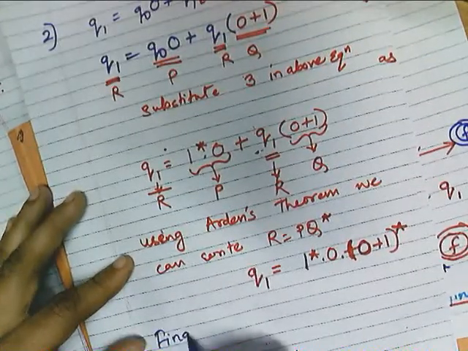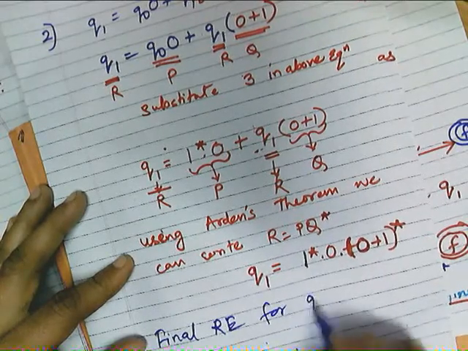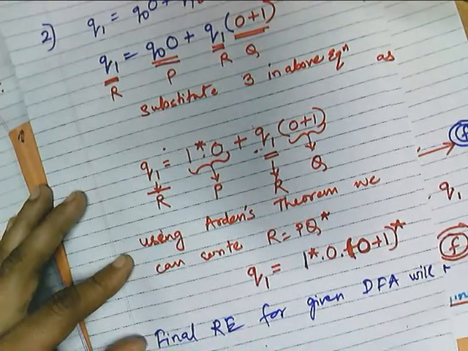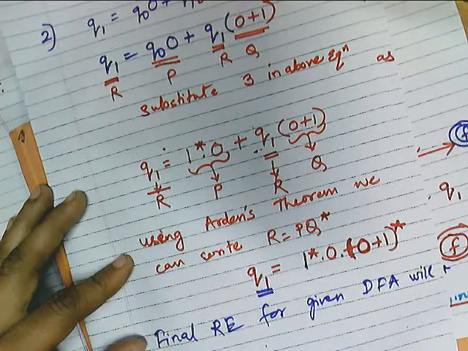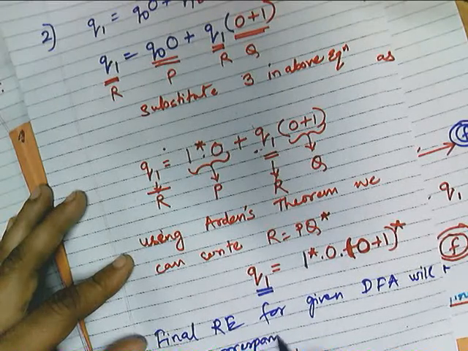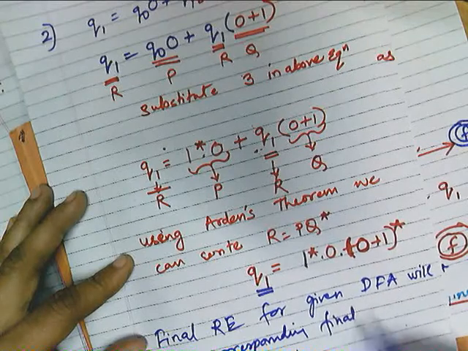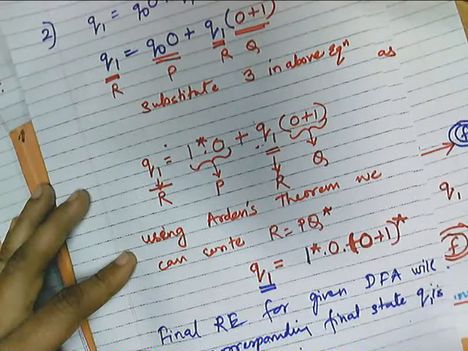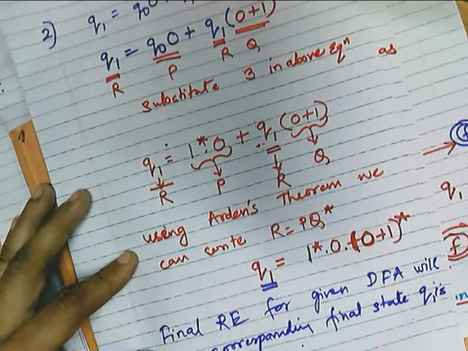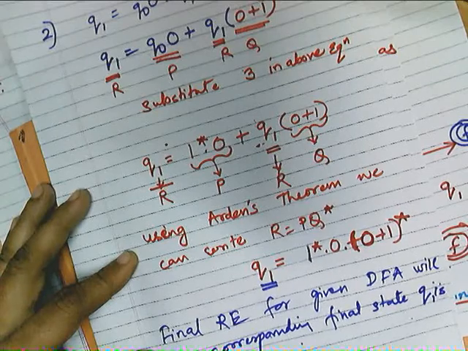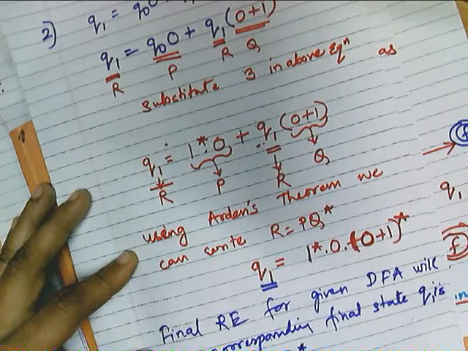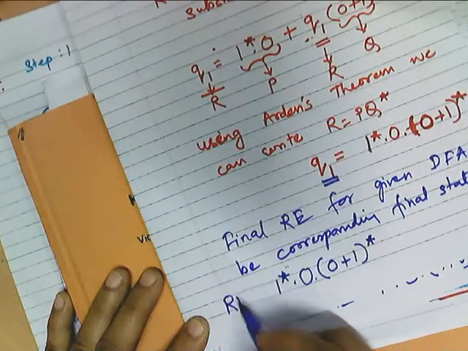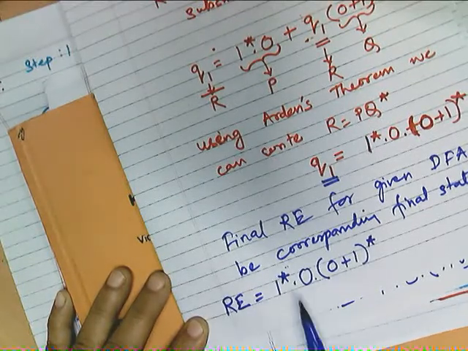So the final RE for the given DFA, corresponding to final state Q1, is 1 star dot 0 dot 0 plus 1 whole star. This is the RE for the given DFA.